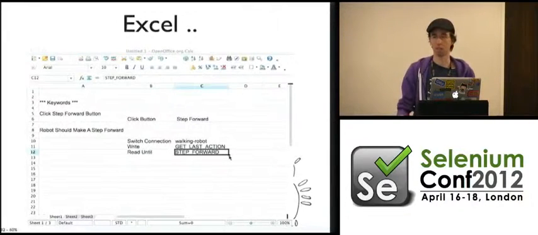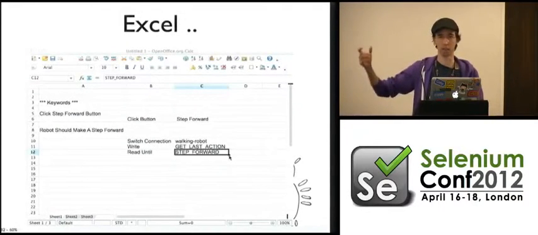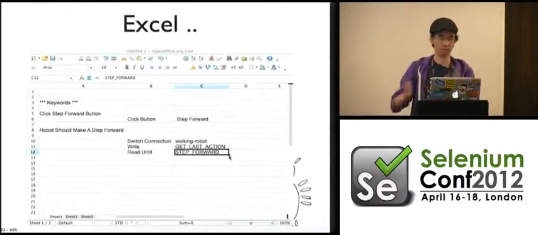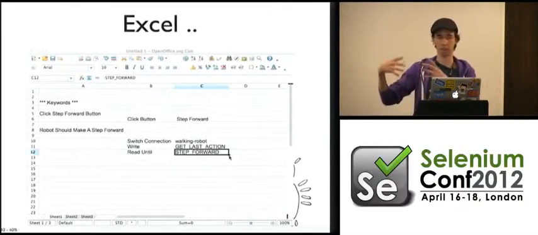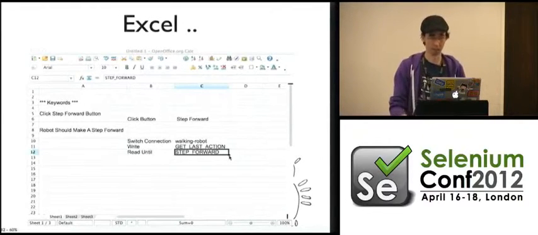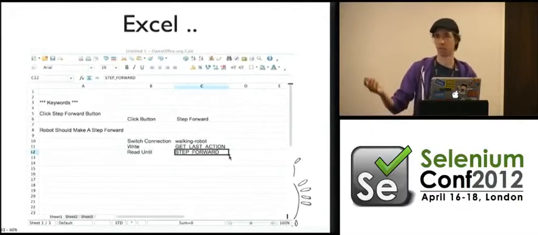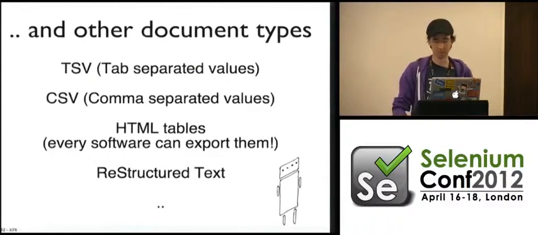There's a project on Google Code that allows you to use Excel files because it's the same column-oriented syntax, and you can use them both in the same project. You can mix and match. Those are Excel files that provide the test data, and then the normal test files or HTML tables providing the real tests.